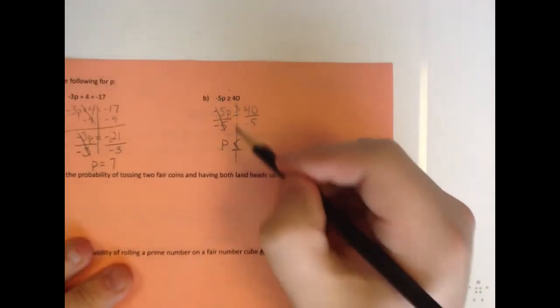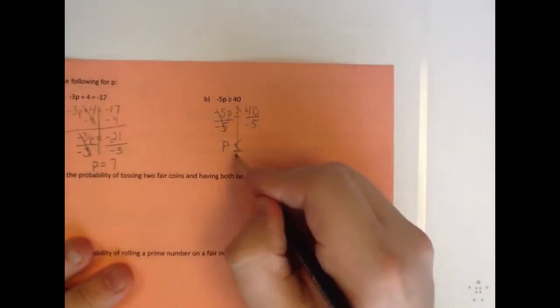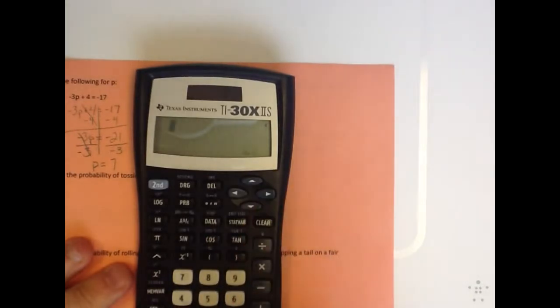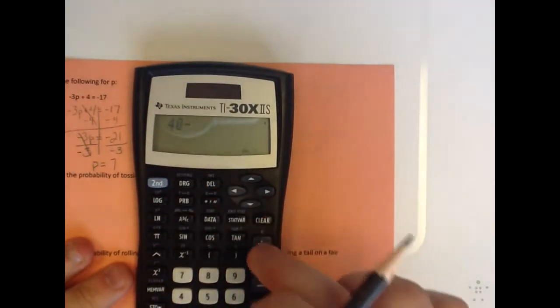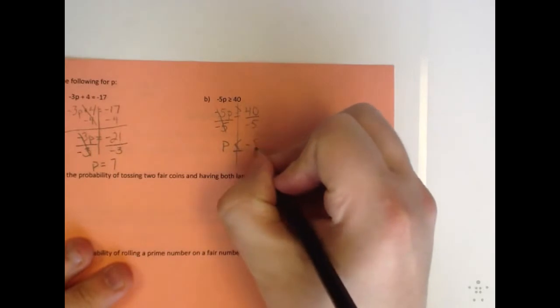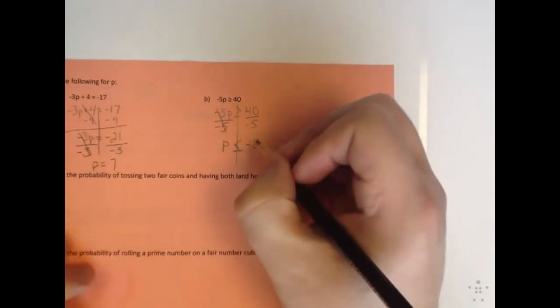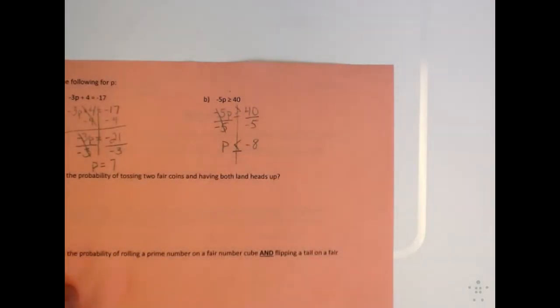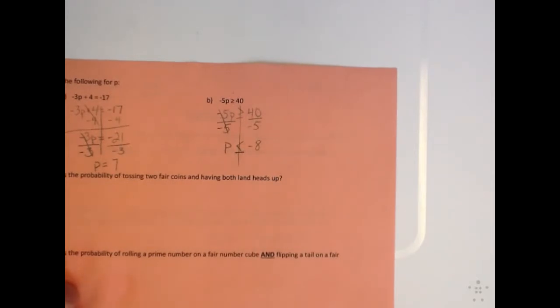So it was greater than or equal to, now it's less than or equal to 40 divided by negative 5. 40 divided by negative 5 equals negative 8. So p is less than or equal to negative 8. There's a little trick there.